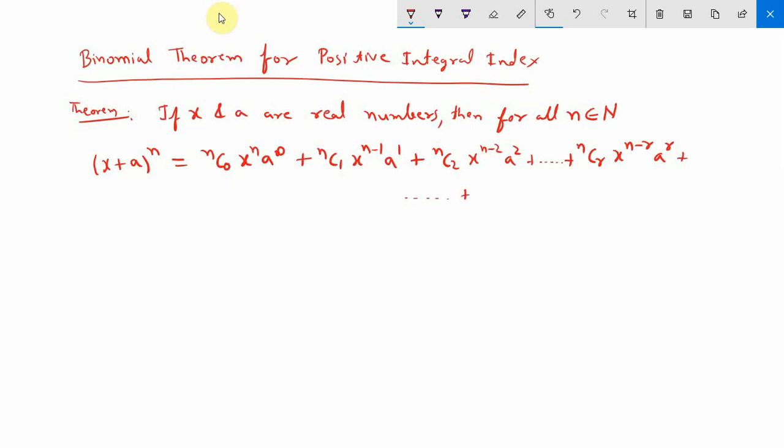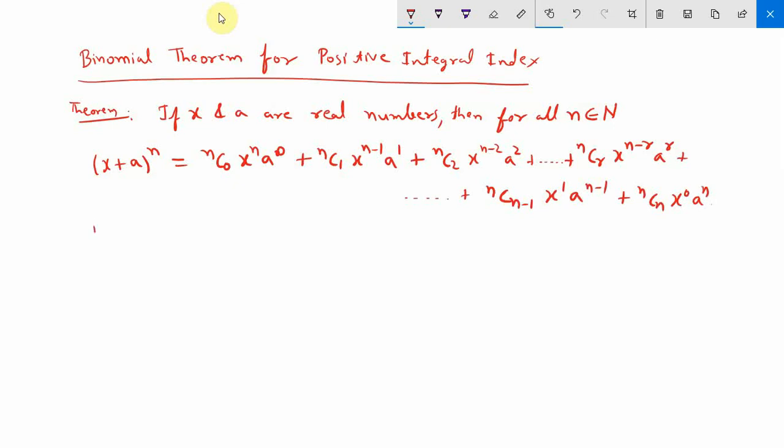Similarly, the second last term we can write nC(n minus 1) x to the power 1 a to the power n minus 1, plus nCn x to the power 0 a to the power n.